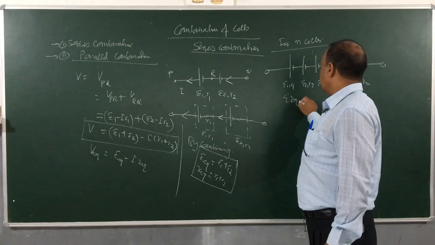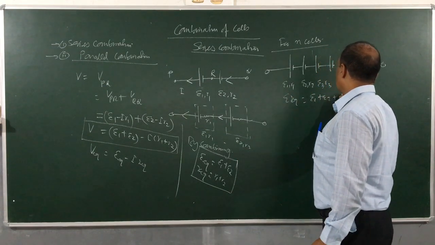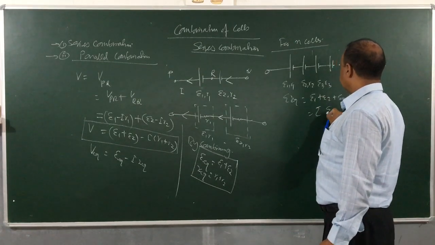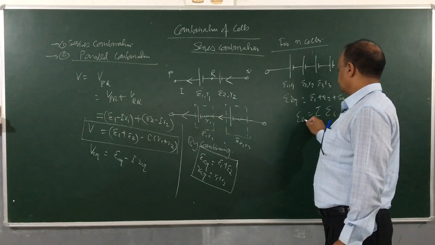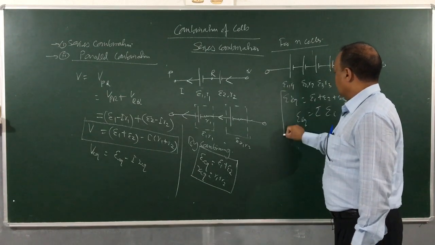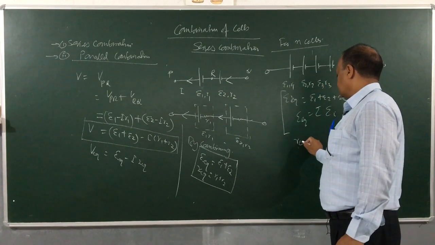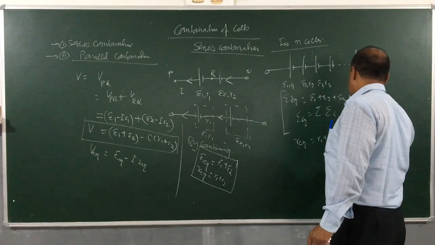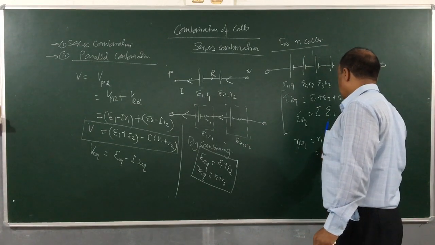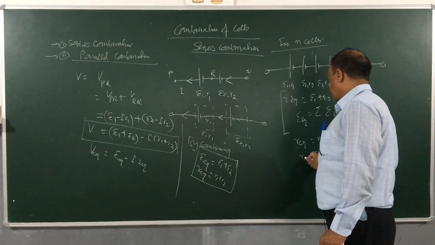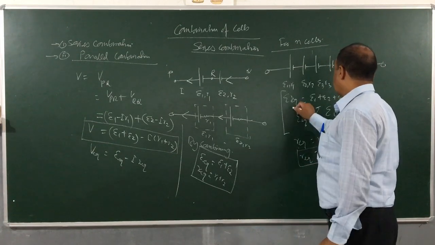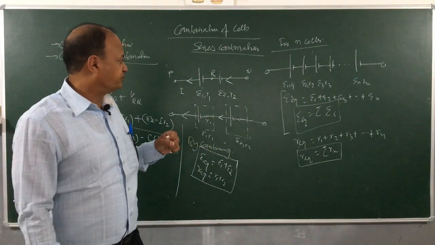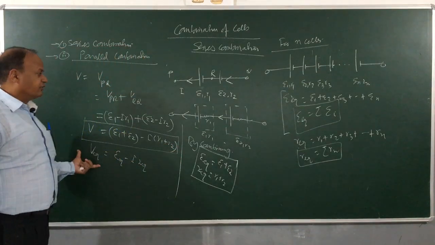Then in this case E equivalent will be E1 plus E2 plus E3 and so on up to En. So sigma Ei, right? And now equivalent resistance will be equal to R1 plus R2 plus R3, like series combination, up to Rn, and this will be sigma Ri, R equivalent. So this will be an important result for you. But in numericals, sometimes they can confuse you. Okay. So we'll discuss that also.